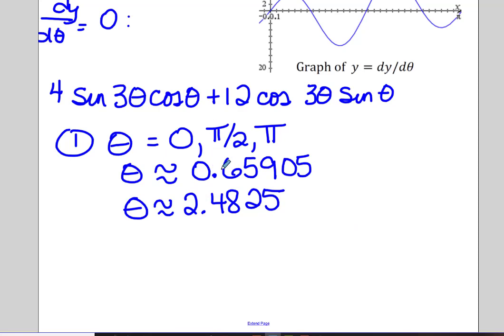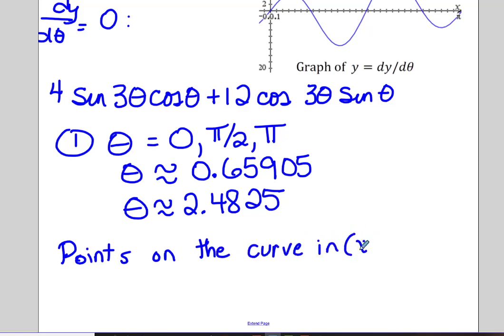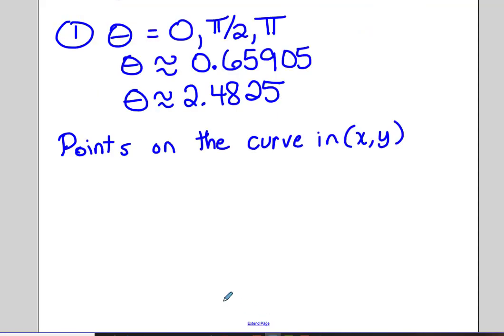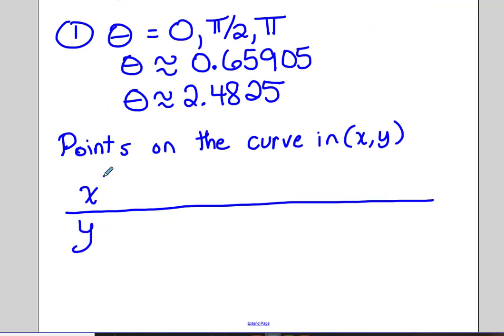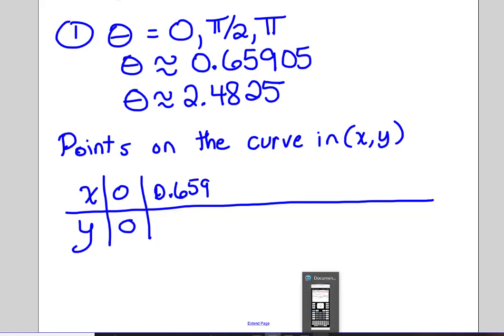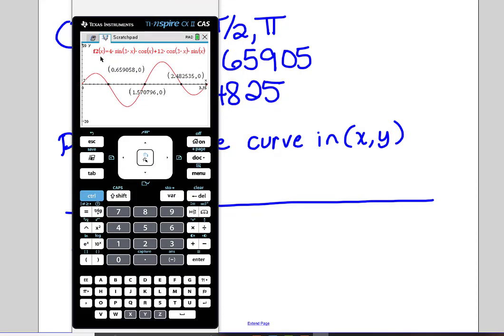So points on the curve in the XY coordinates, if we wanted to make a table, we could do that. In an XY coordinate system, we would have at X and Y, 0, 0, then we had 0.659, and the Y coordinate was, I think, 3.674.